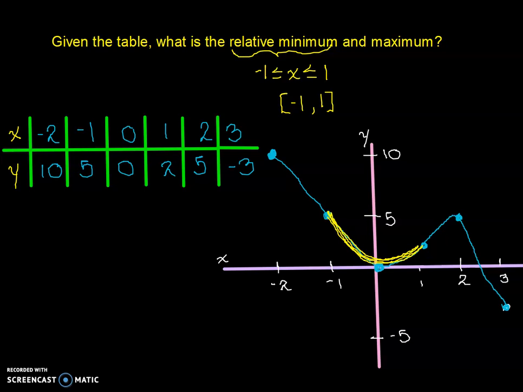For your relative maximum, it will be the hill. So notice from about here to here, and mind you, I cannot draw, you have your hill.